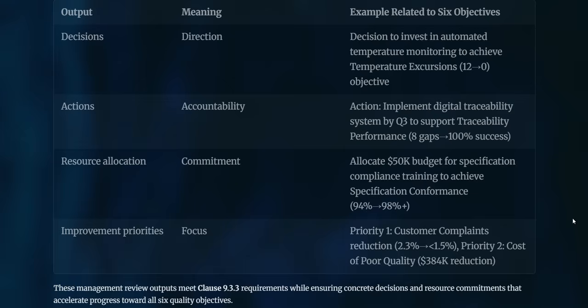These management review outputs meet clause 9.3.3 requirements while ensuring concrete decisions and resource commitment that accelerate progress toward all quality objectives.